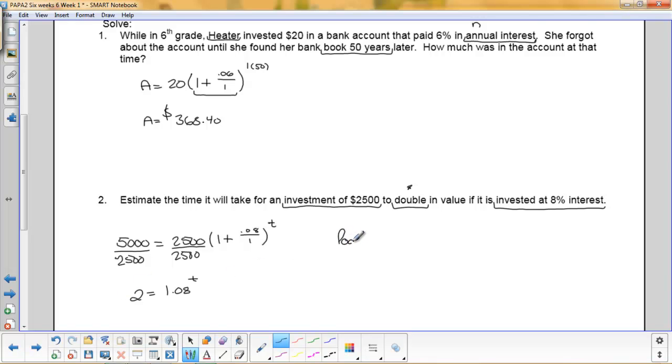Log base 1.08 of 2 equals t. Calculating that using the change of base formula, or if your calculator has that function, you get t is 9 years.